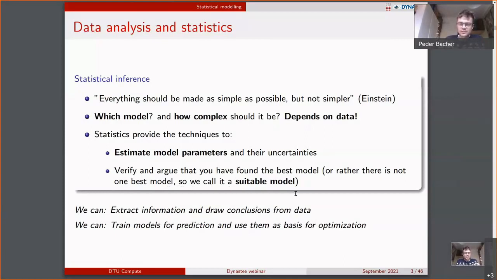We'll come back to that, which is really the model that we should use given this data. So not too simple and not too complex. We can extract information and draw conclusions from data, and of course we can use these models for prediction and in applications where we do control, so we do some kind of optimization and operate some system based on this.